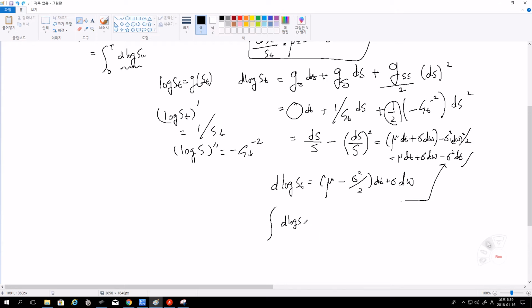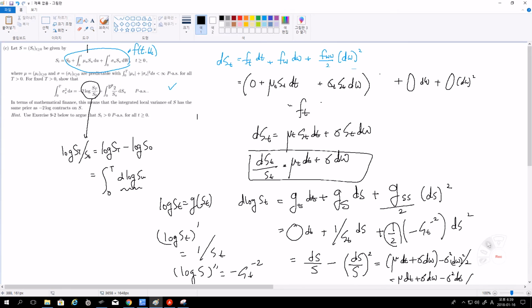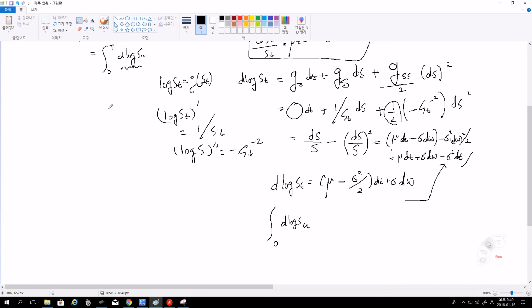Let's change the notation to u, and in the problem we integrate from 0 to t. So the integral from 0 to t is log S_t minus log S naught, which is equal to the integration of this part.